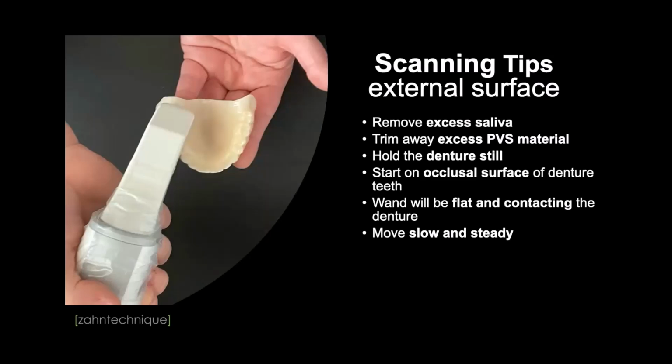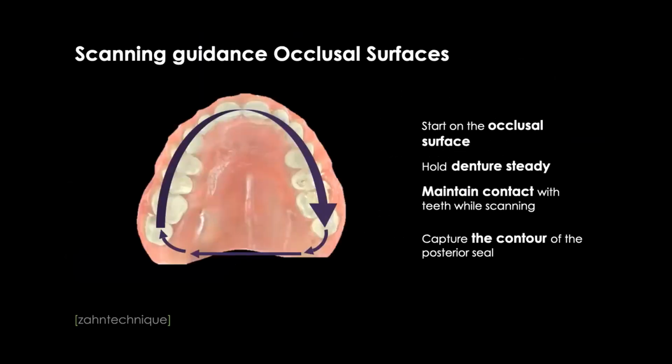And then we hold the denture in the hand, as you see it here, and start on the buccal surface of the denture teeth to scan. The wand has to be flat and contacting the denture or the bite block. You can literally contact the bite block, get in touch with it, move slow and steady. And then you do the same thing as you would do in the mouth, right? You're scanning the occlusal surfaces.